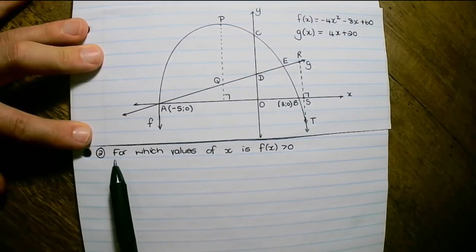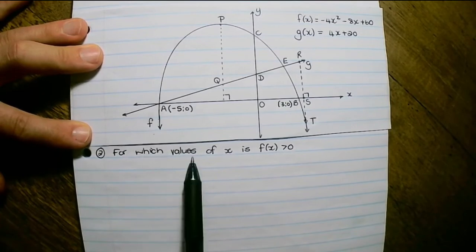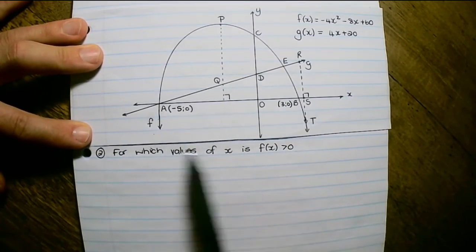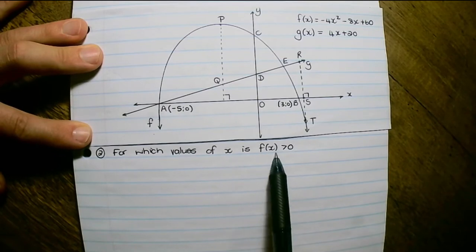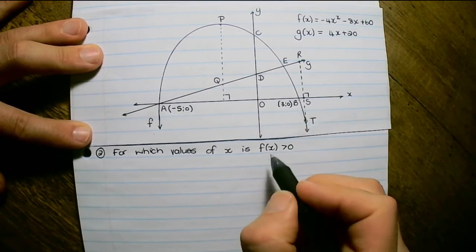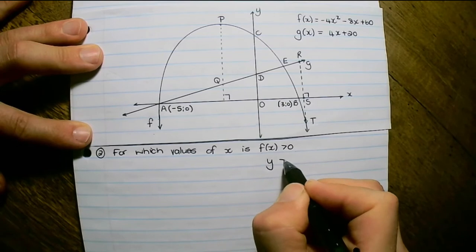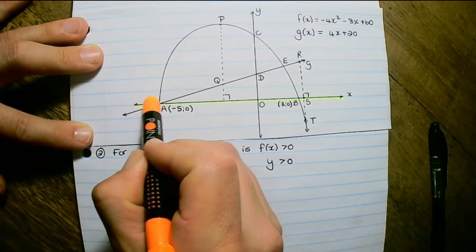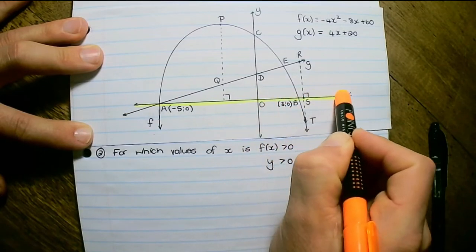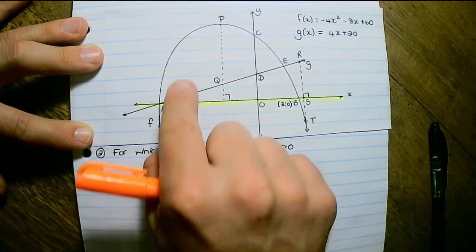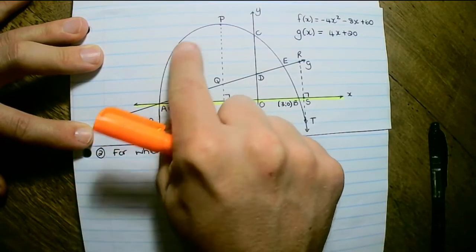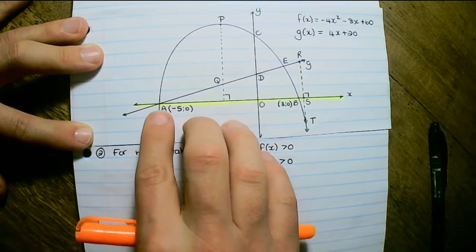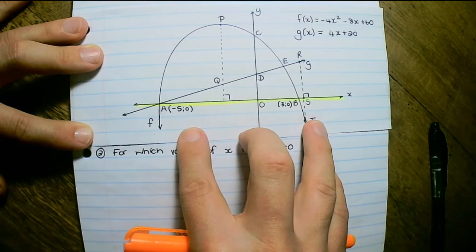Our next question is, for which values of x is f(x) bigger than 0? Now, f(x) bigger than 0 is the same as saying y is bigger than 0. So if you look at the x-axis, everything above the x-axis is y bigger than 0, and everything below the x-axis is y smaller than 0.